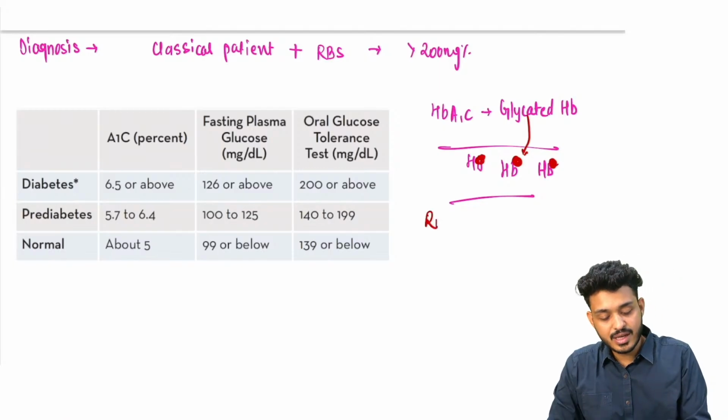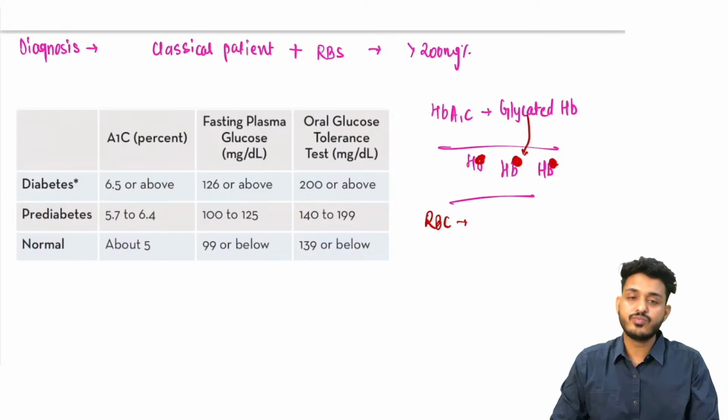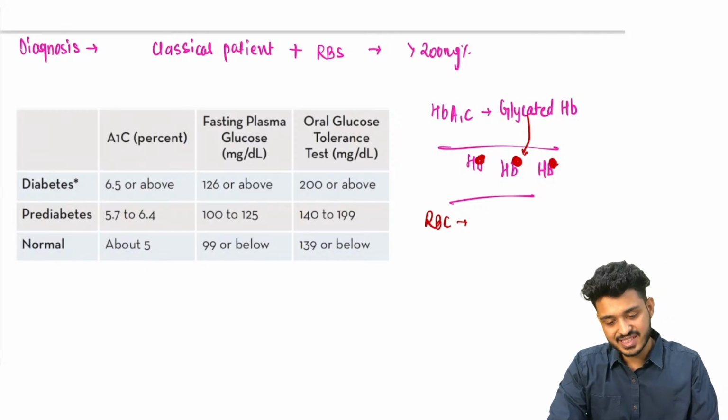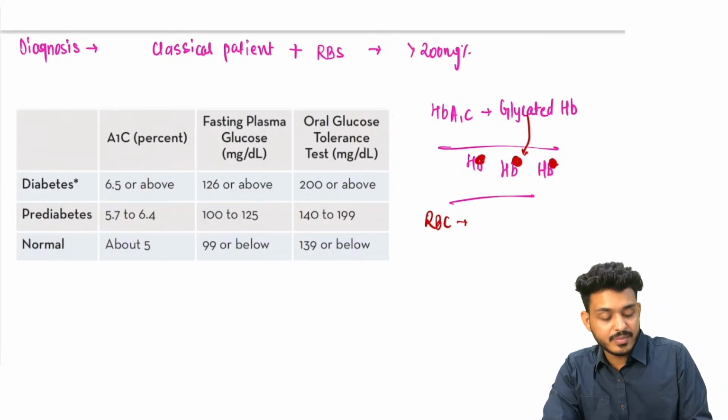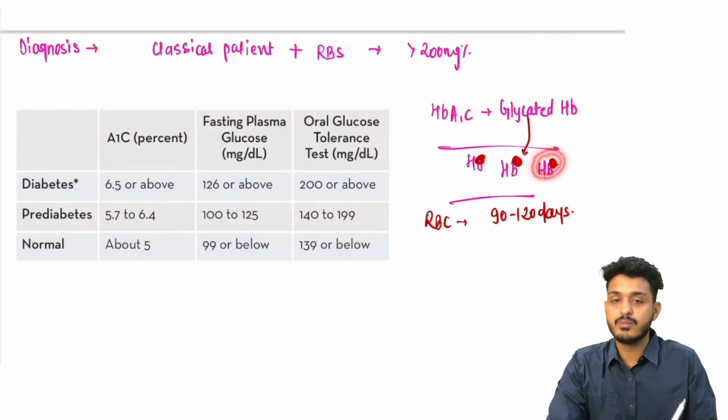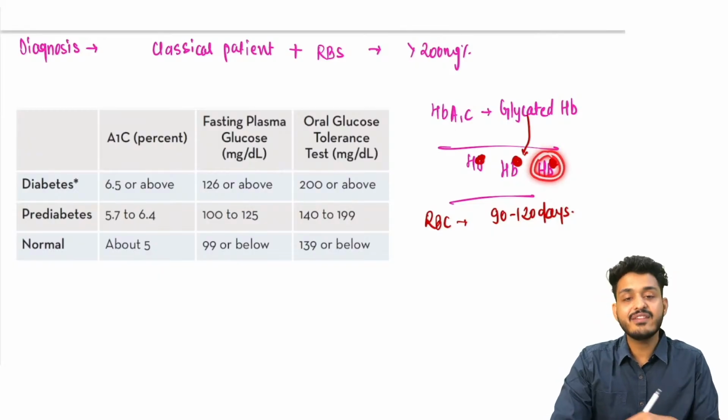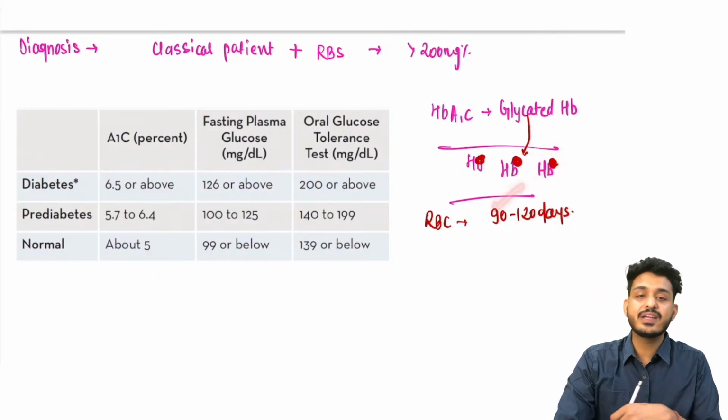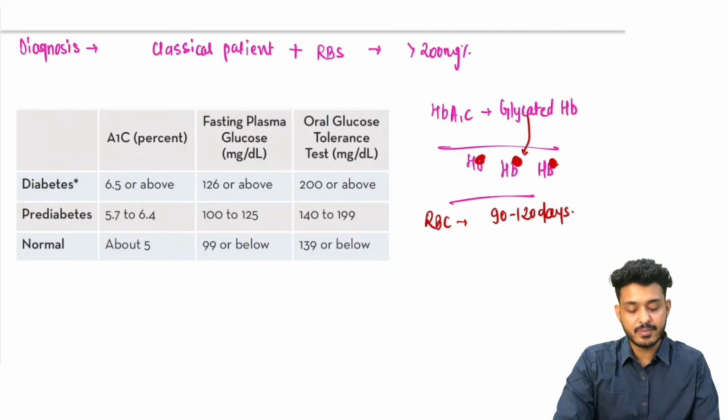What is the normal lifespan of a RBC? The normal lifespan of a RBC is 90 to 120 days. When a glucose molecule is coming and binding with the hemoglobin, it will decrease the lifespan of the RBC. It will destroy the RBCs earlier, right?